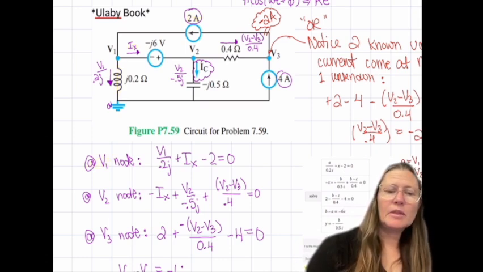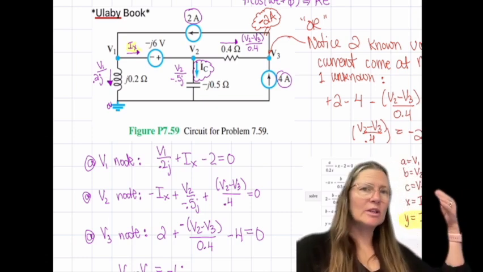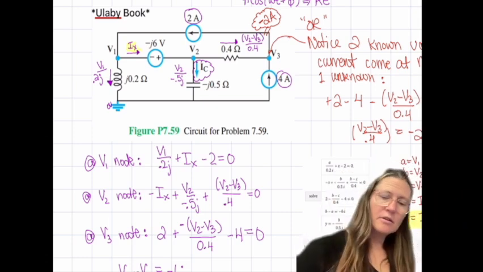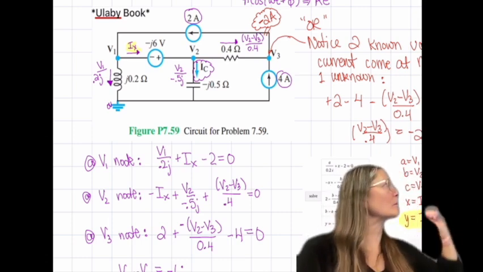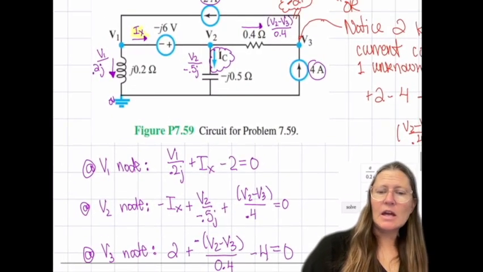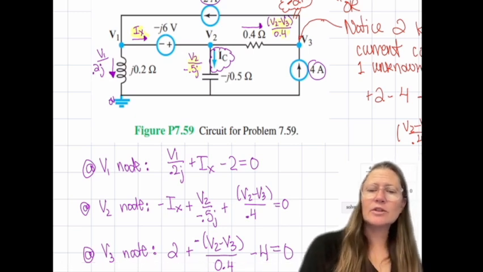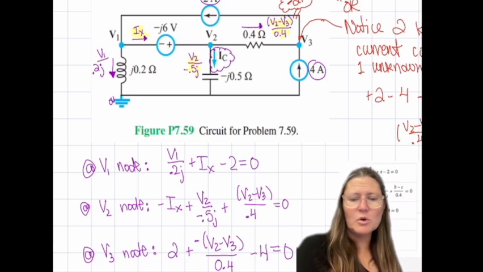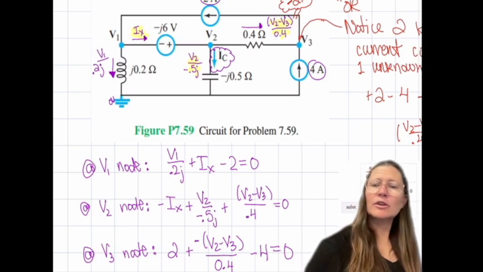For the equation at V2, I had IX coming in, so I did a negative IX. Then going down and out is V2 over minus 0.5J. And then going out again is V2 minus V3 over 0.4. So that one is at V2.